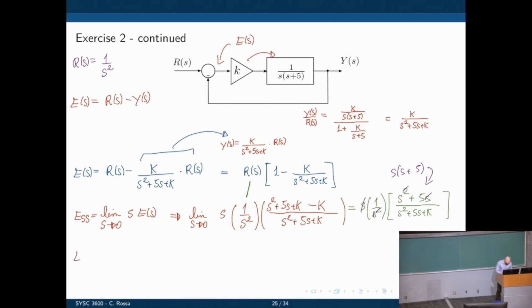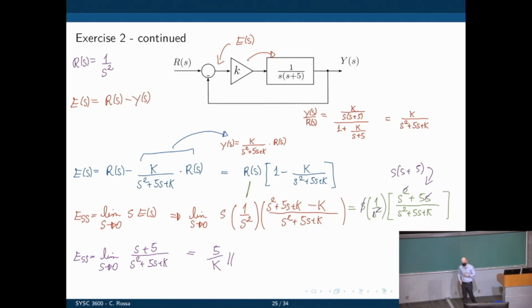So the error in steady state is the limit when s tends to 0 of, what do we have left there? s plus 5 divided by s squared plus 5s plus K, which is 5 over K. So good news here.